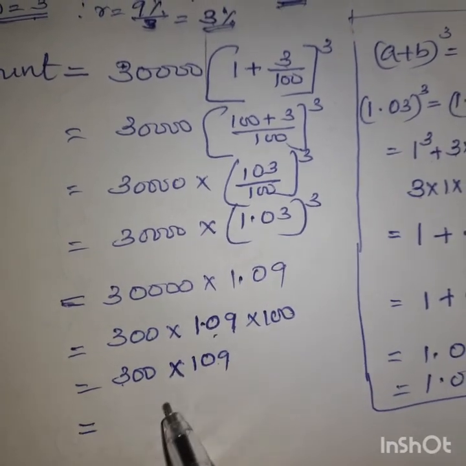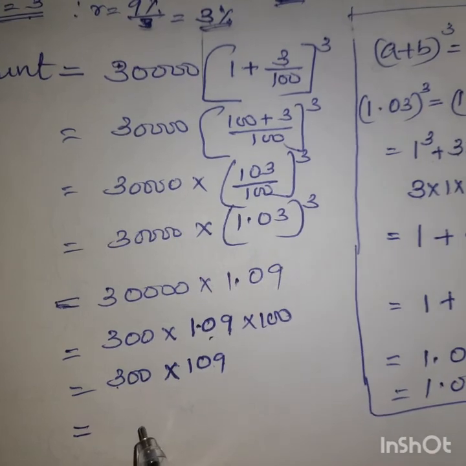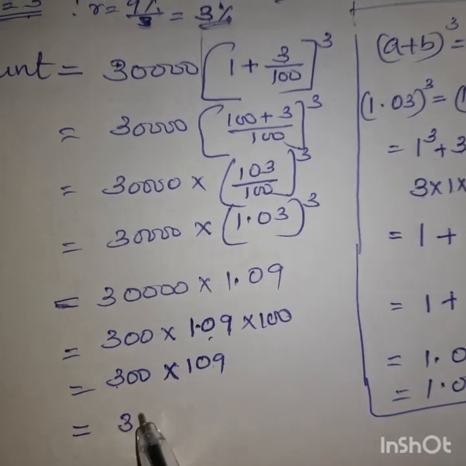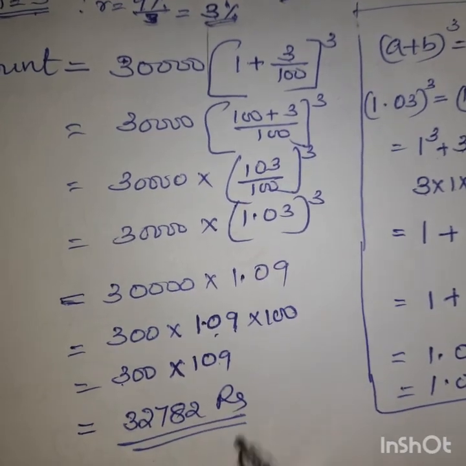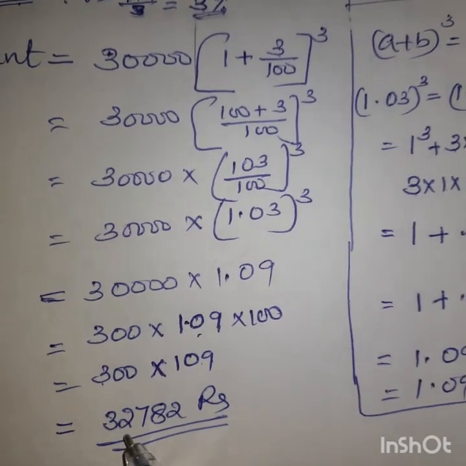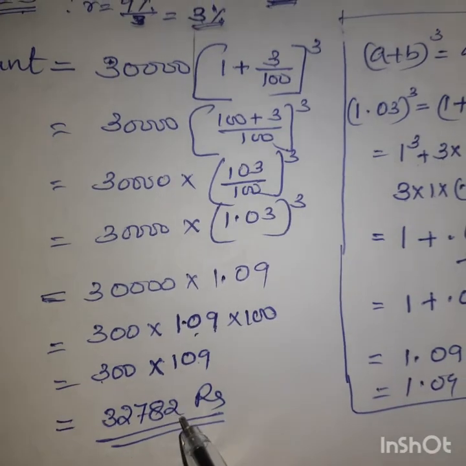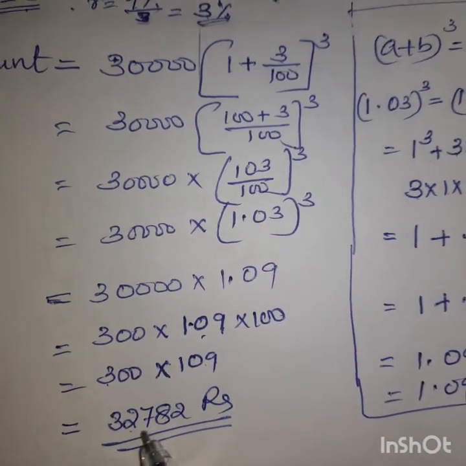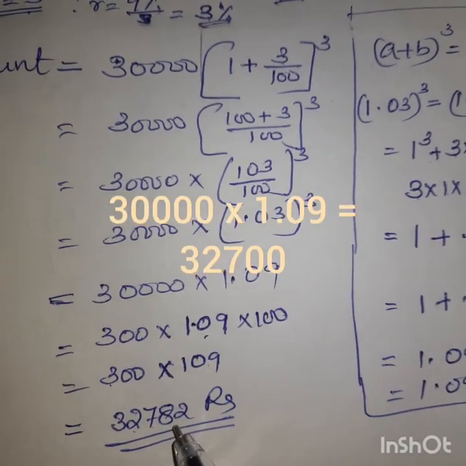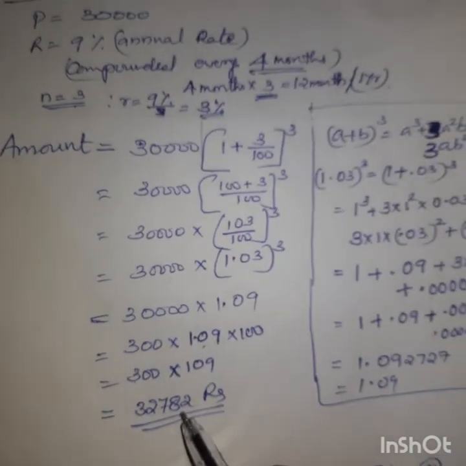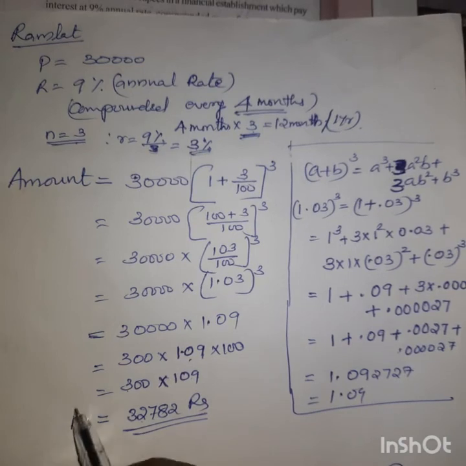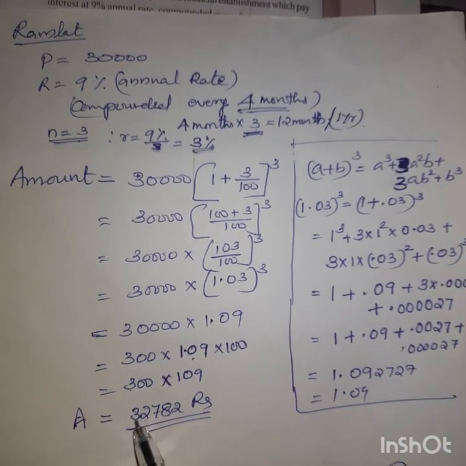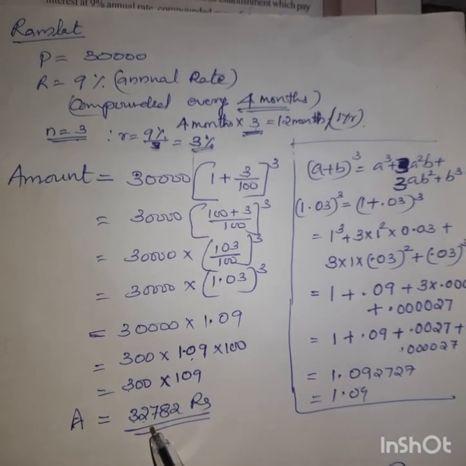So you are getting the final answer as 32,782 rupees nearly. So 2,782 rupees she is getting as the total interest. So the total amount she is getting after 1 year is 32,782 rupees.